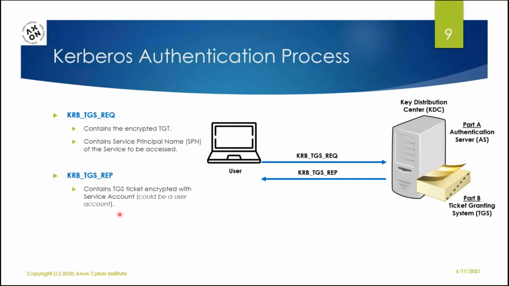Now, why is this important? Because we will see later that in some of the attacks, we can get access to the encrypted TGS and we can crack it offline to get the password of the user account running that service, okay? So this is the second pair, TGS request, TGS reply.